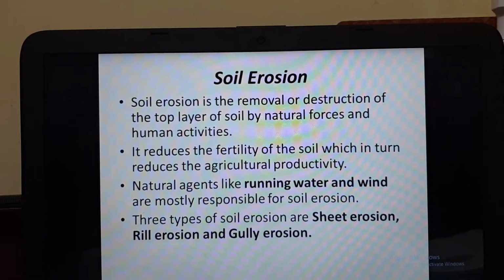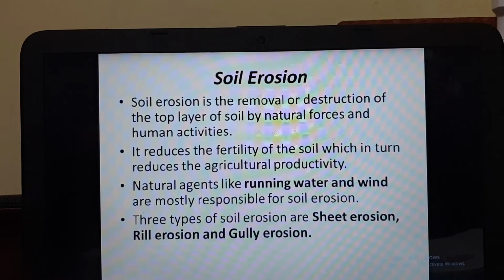Soil erosion is the removal or destruction of the top layer of soil by natural forces and human activities. What is soil erosion? It is the removal or destruction of the top layer of the soil by natural forces and human activities.